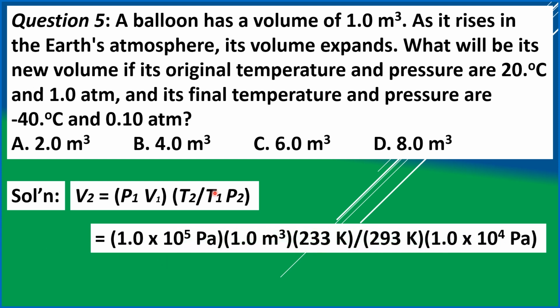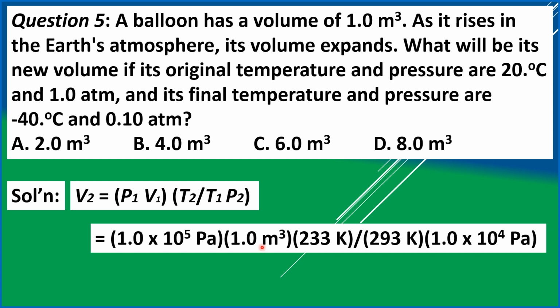So substituting, the given initial pressure is 1.0 atmosphere, but in Pascal, that is equivalent to 1.0 times 10 to the fifth Pascal. All right, Pascal, we know, is the SI unit for pressure.